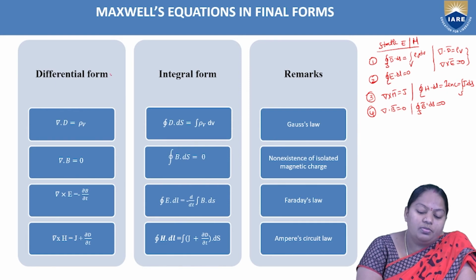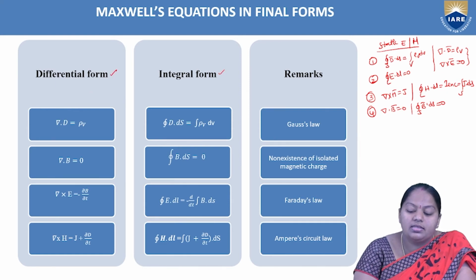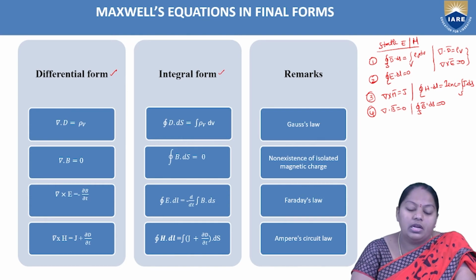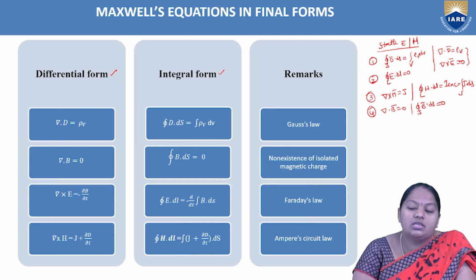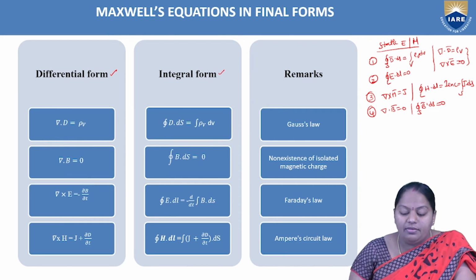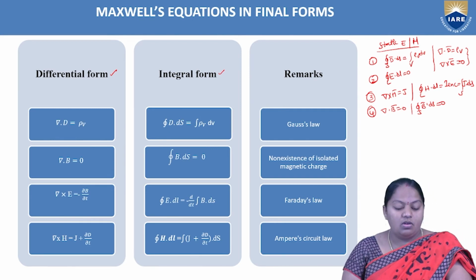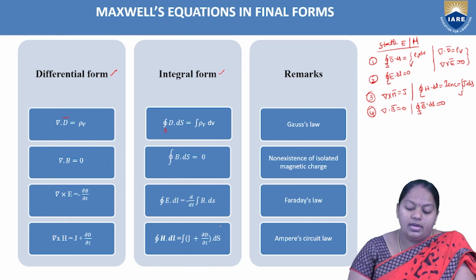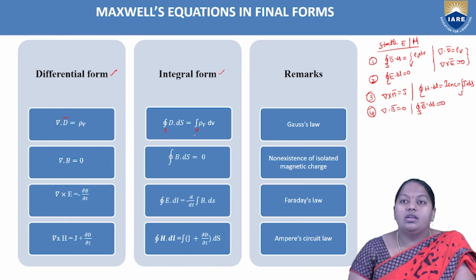First, the differential form or point form, and second, the integral form, and the remarks mean in which law it is derived or what drawback exists in the particular law. So the first law in the Maxwell's equations of time varying fields or electromagnetic fields is given by del dot D bar equal to rho V and closed surface integral S D dot dS is equal to integral V rho V dV, and this is obtained from the Gauss law.